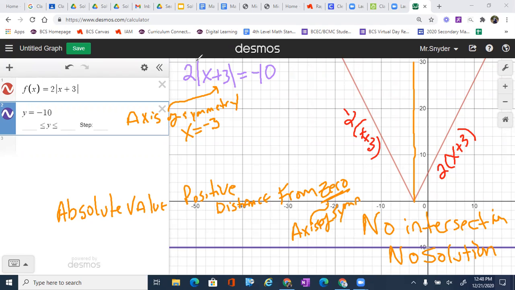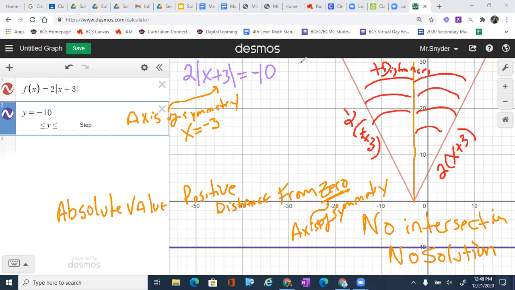So it's the positive distance from 0. As we think about this, all of these distances from the axis of symmetry, no matter which way we go, are always positive distances. So we step it out to the graph from the axis of symmetry.